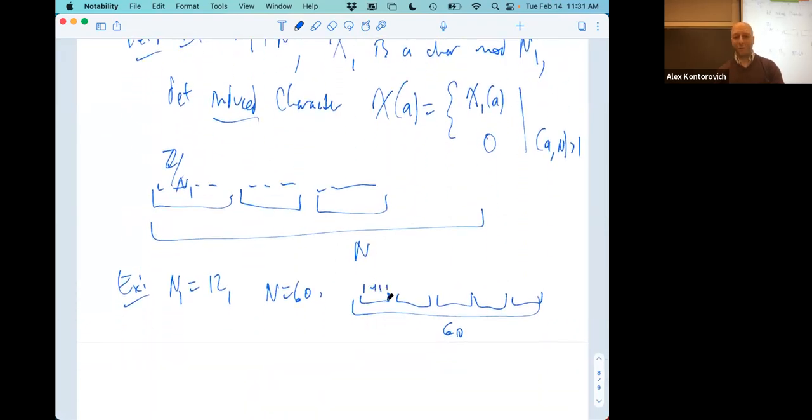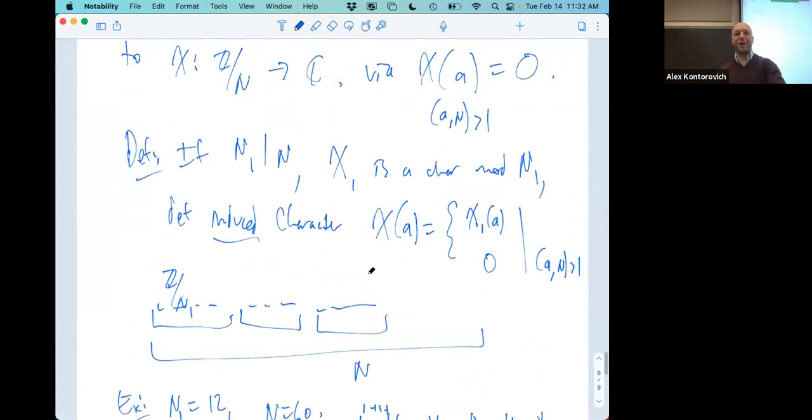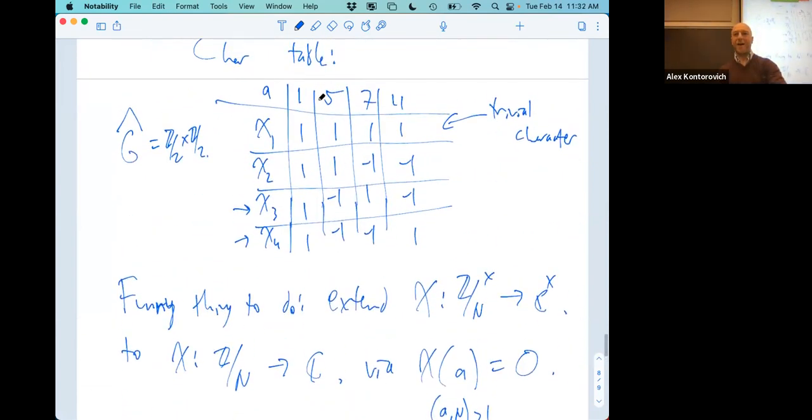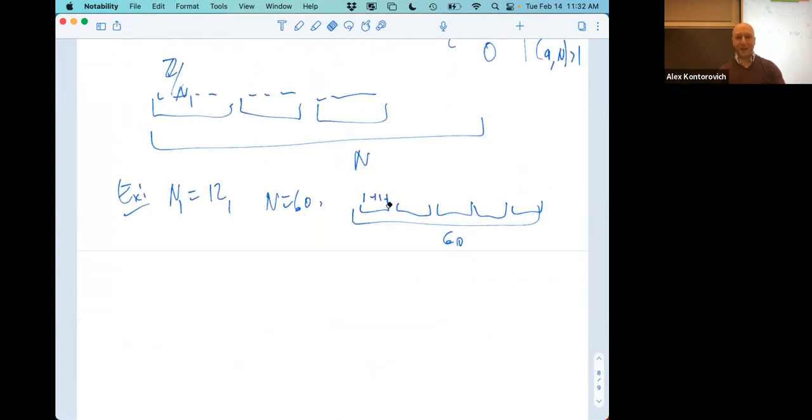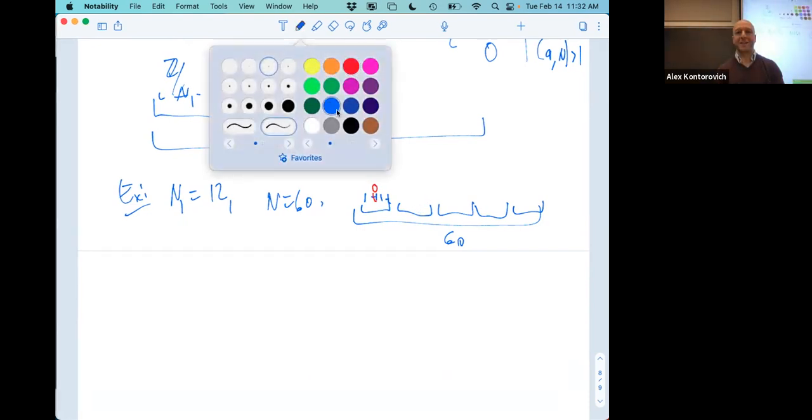Even before I get started, the value at 5 is supposed to be -1. But 5 is not coprime to 60. So I zero out that value of -1 here. But at the next instance, that 5 is 12 plus 5, it's 17, there's no problem with putting a -1 there.